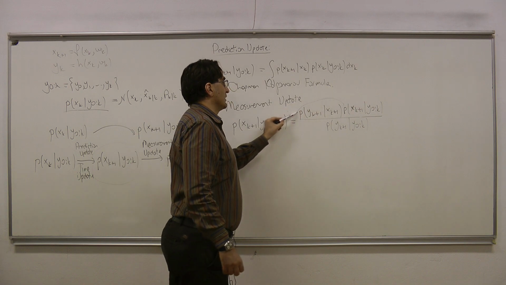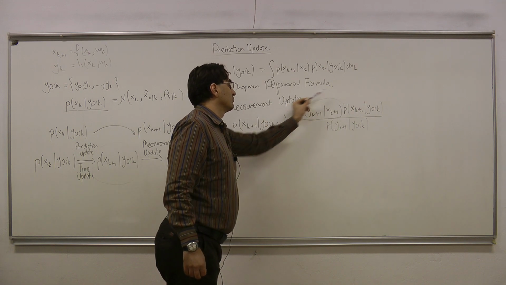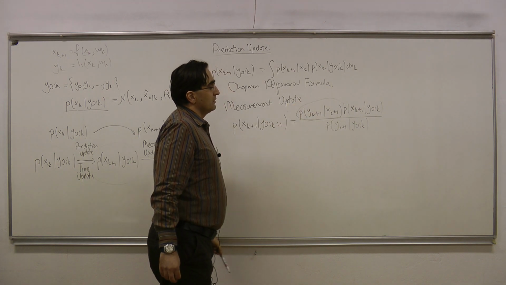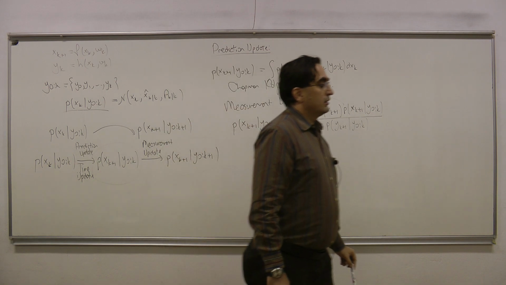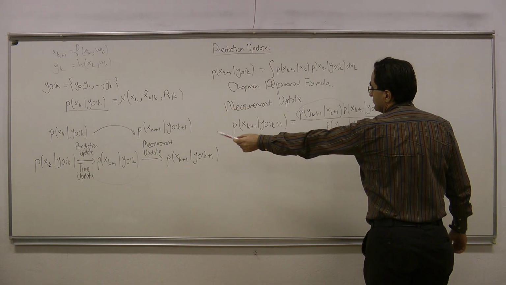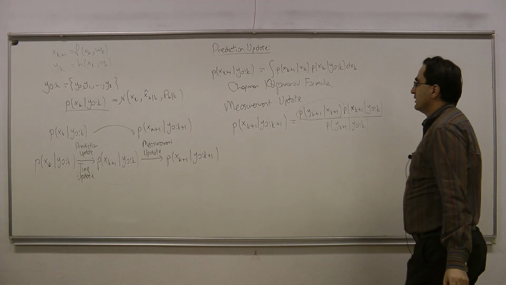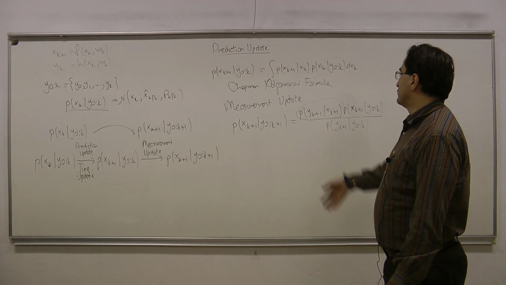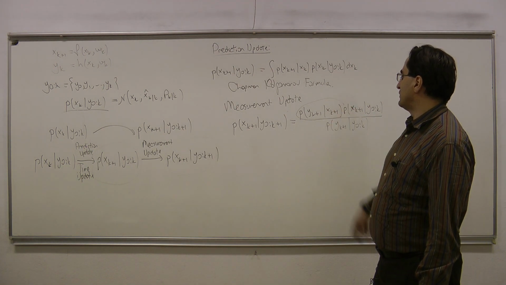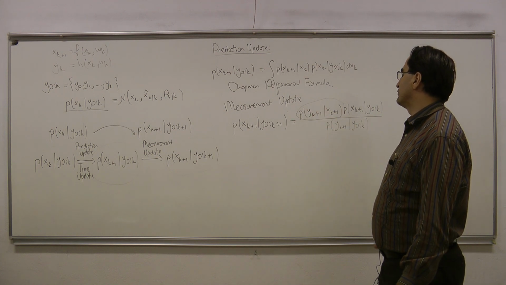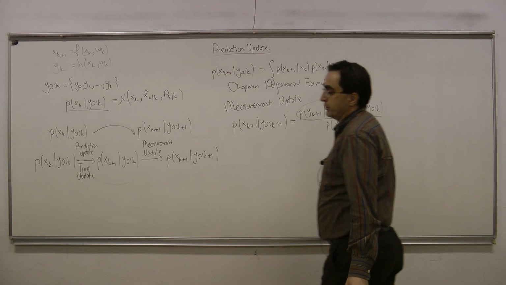And this term that we multiply, this is not a distribution actually. This is called the likelihood function. It is used in order to make the measurement update in the density domain. And the probabilistic tool that is necessary to be able to derive such a formula is called the Bayes rule.